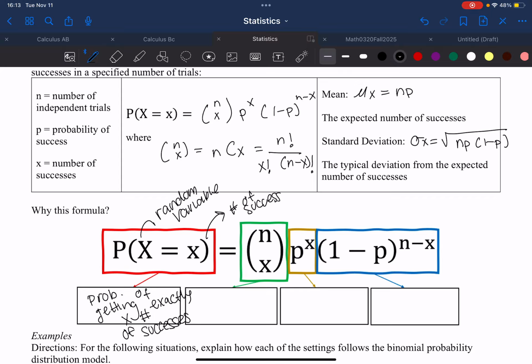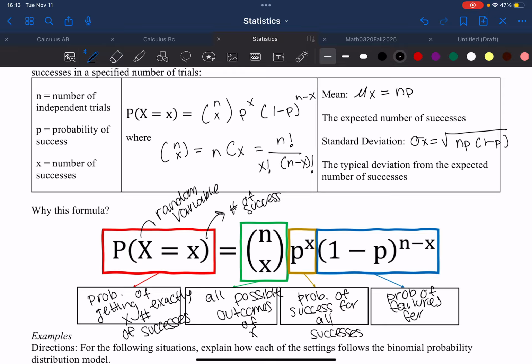N choose X are all possible outcomes of X. p to the X is the probability of success for all successes. And then 1 minus p to the N minus X is the probability of failures for all failures.